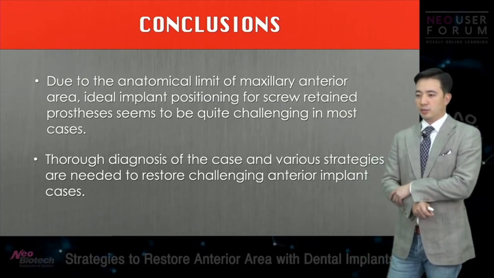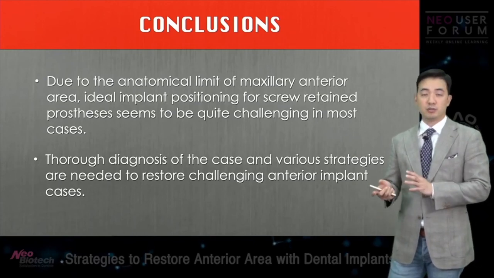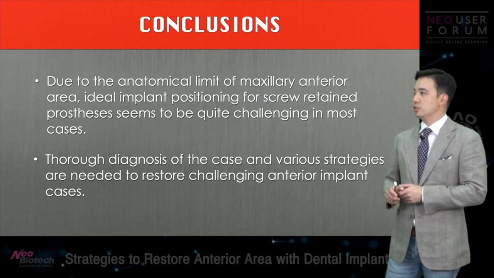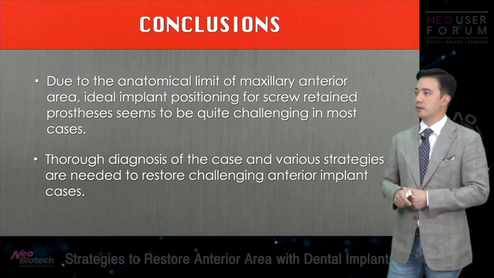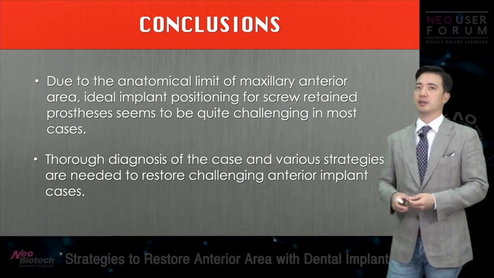Due to the anatomical limit of the maxillary anterior area, ideal implant positioning for screw retained prosthesis seems to be quite challenging in most cases. But we still strive to do that, right?